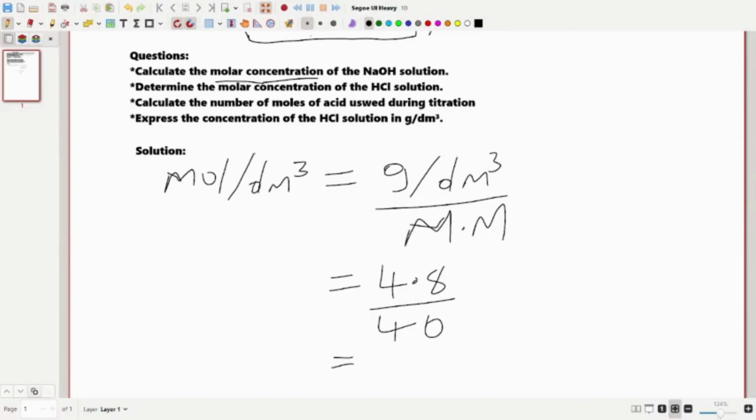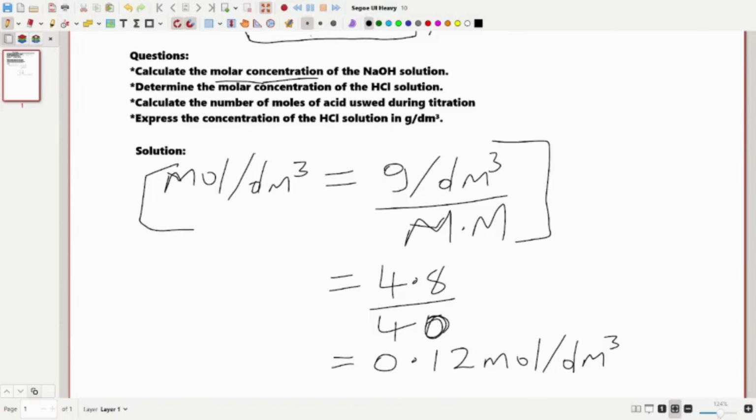Division gives us 0.12 mol/dm³. So this is a very good way of converting our molar concentration into mass concentration, and also vice versa when necessary.